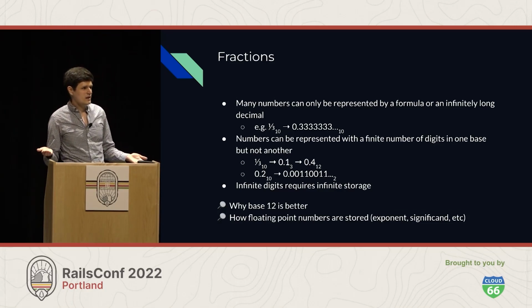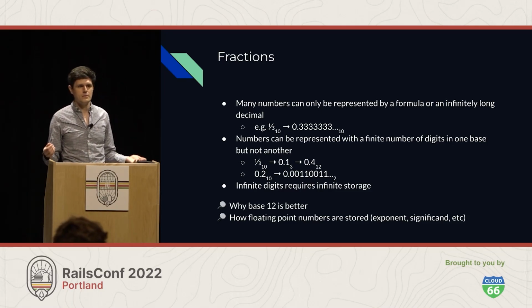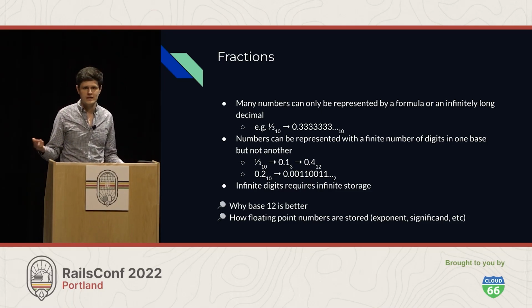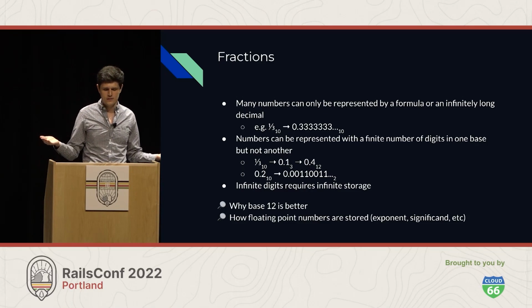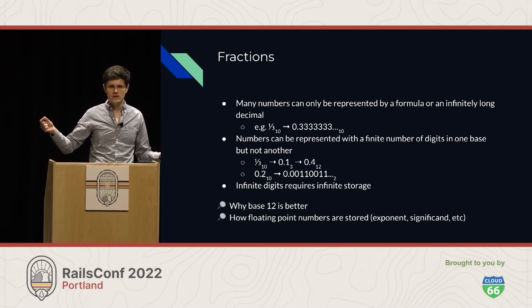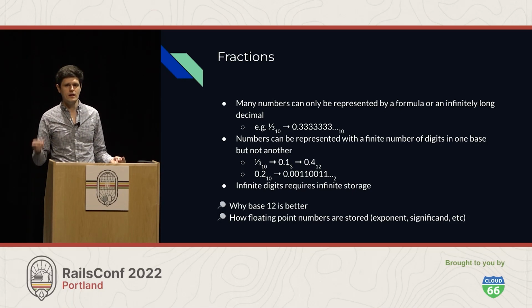One kind of cool thing is that if we switch our base, then suddenly numbers that maybe needed an infinite amount of space, whether that's paper or memory, can now be represented in a finite number of digits, bits, whatnot. So 1 divided by 3, if we're working in base 3 math, is literally 0.1. That's exactly the value 1 divided by 3. We're not missing out on anything by just having that one number to the right of the radix point.